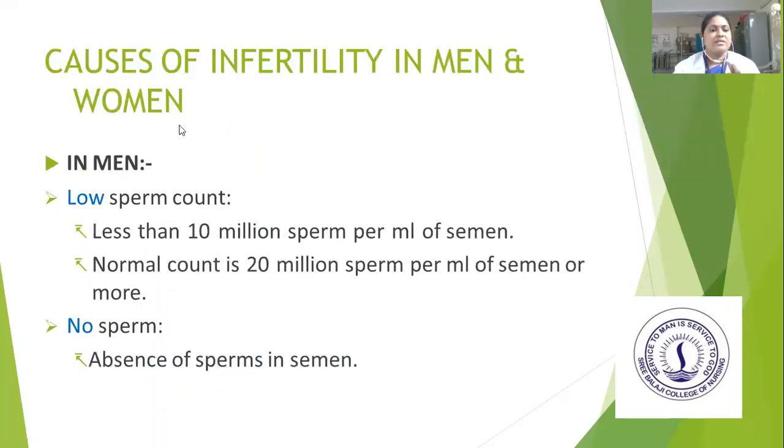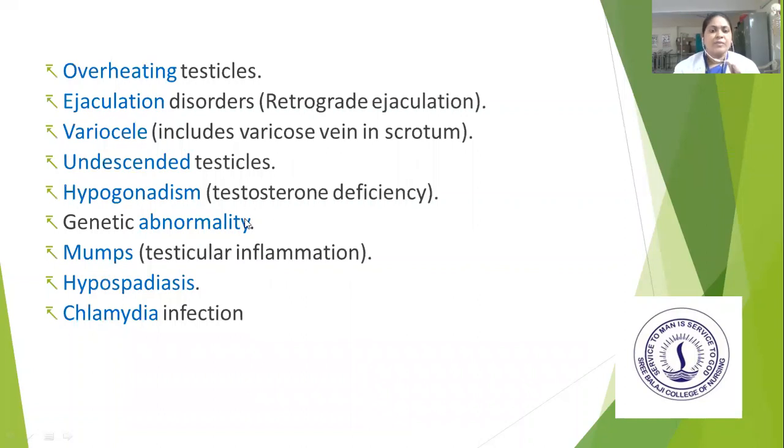Next, in men, a low sperm count and no sperm are also major problems. And overheating of the testicles: if they have an occupation related to prolonged sitting or strenuous exercise or a strenuous job, that causes the testicles to get overheated, and the sperm may not have a proper count and the motility won't be proper.